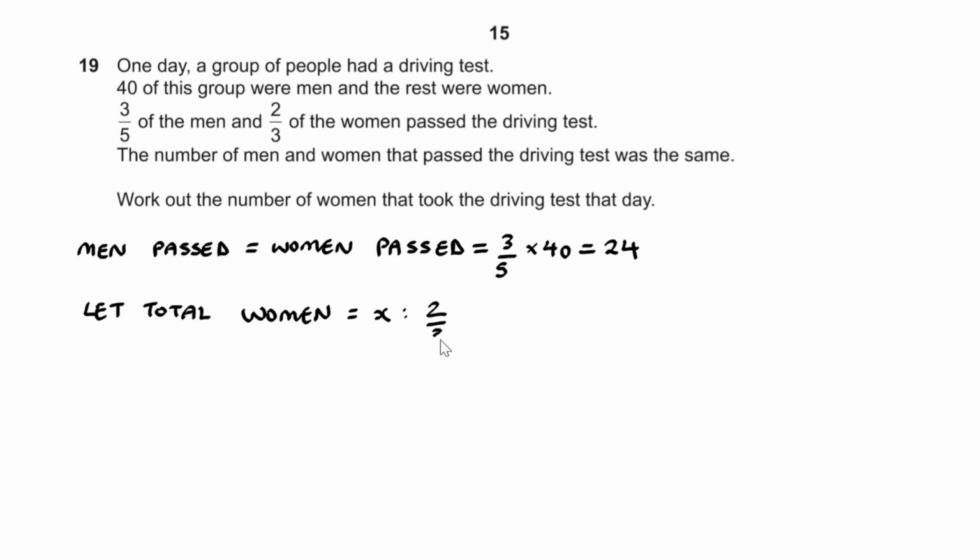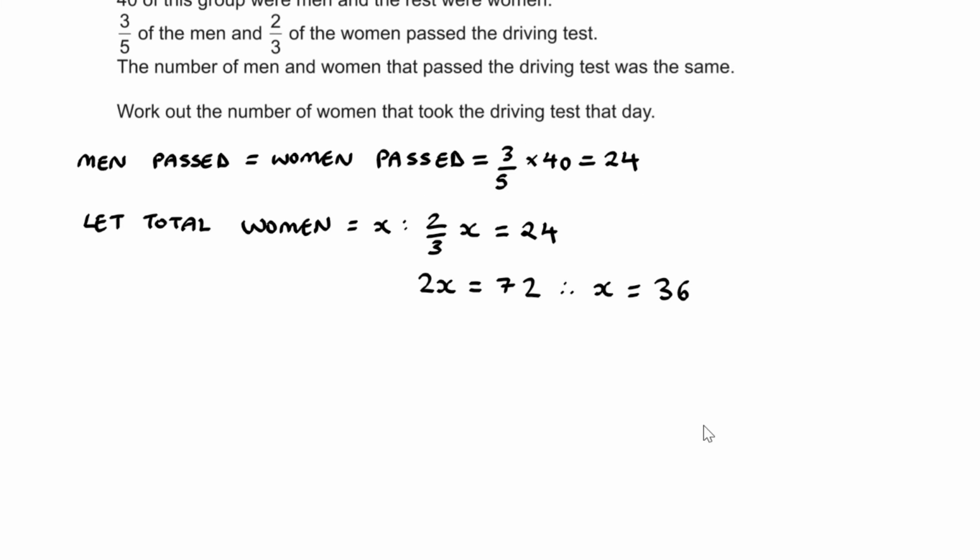So 2/3 of x corresponds to 24. 24 of course passed the driving test. And we need to find out what x is. Well, timesing 24 by 3, you'd find 2x to equal 72, and therefore x is equal to 36. How does this help us? Well, it tells us that 36 women took their driving test.